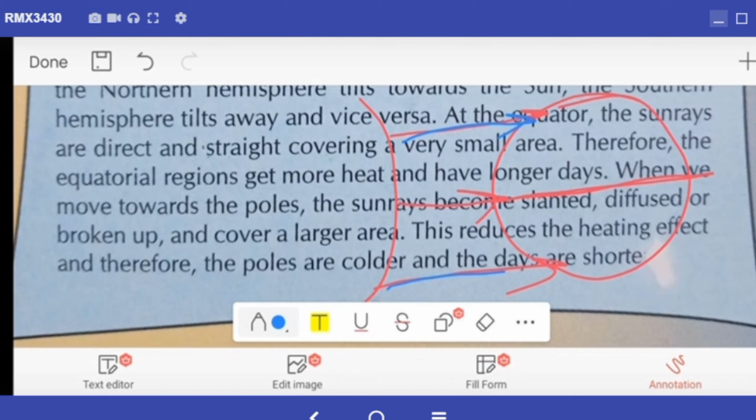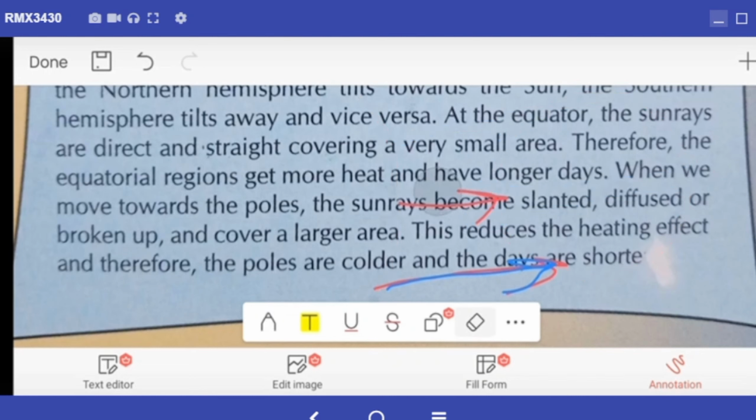This blue color ray will have less impact on the earth than this red one, because the red one hits the earth surface directly. So this region gets intense heat, and that is the reason why the equatorial region is very hot.